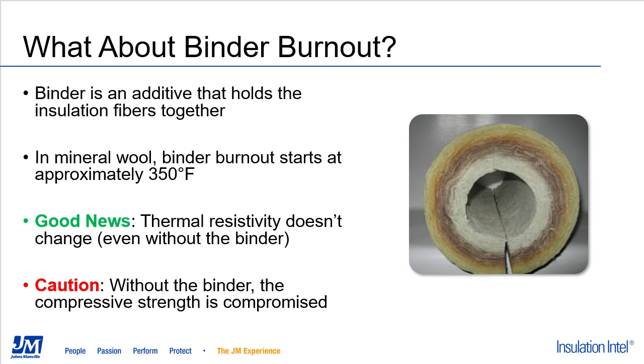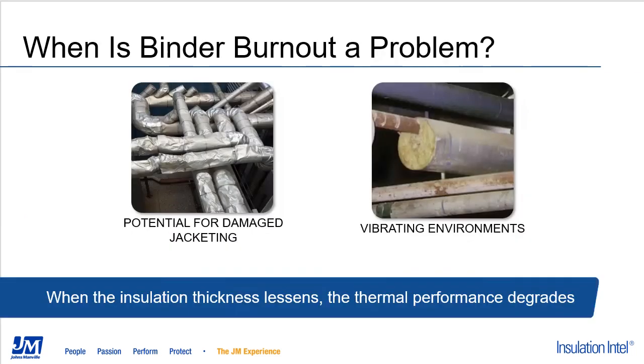The good news is that the thermal performance of the material doesn't change when binder burnout occurs, but you do need to be cognizant of the fact that this happens because when the binder has burned out, there is a reduction in compressive strength of the material, and you can run the risk of increased potential for damage if people are walking on the pipes or in high vibration environments with the fibers being shaken loose and settling to the bottom of the jacketing system.